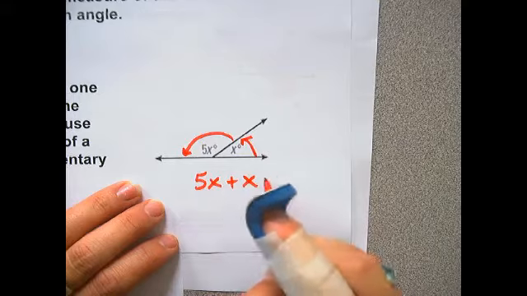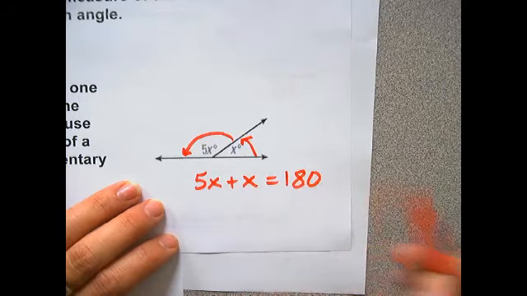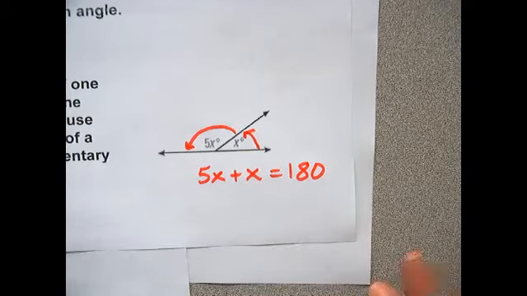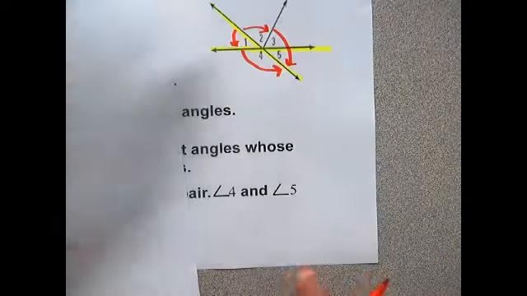So how would you set this up? Given the fact that it's a linear pair, these two things are supplementary, so they add to 180 and you solve from there. Pretty straightforward. Okay, that is all you need to worry about from this lesson.